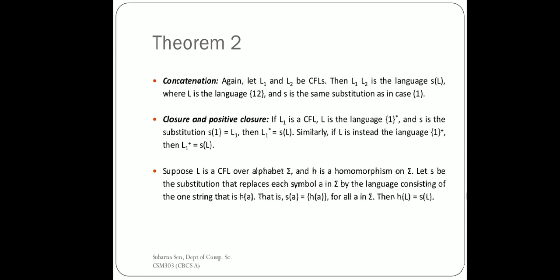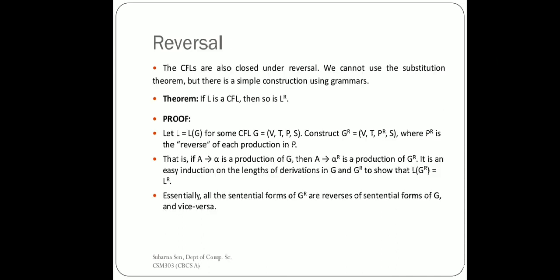You can see some examples there, and if you are done with this substitution property, then these are a subset of that only, right? Okay, now one more property is reversal, right? This reversal cannot be done with substitution because it is a total reversal of each string.